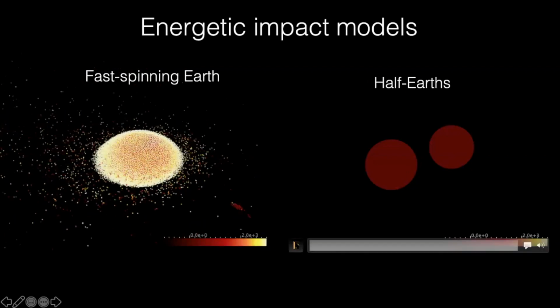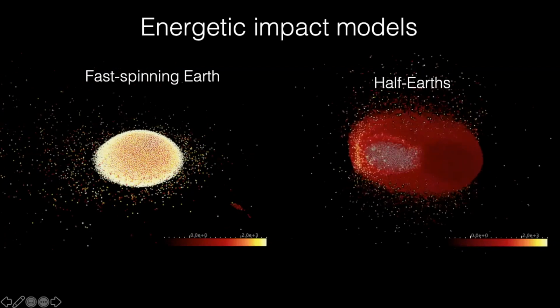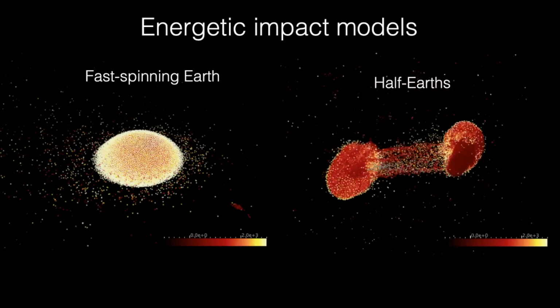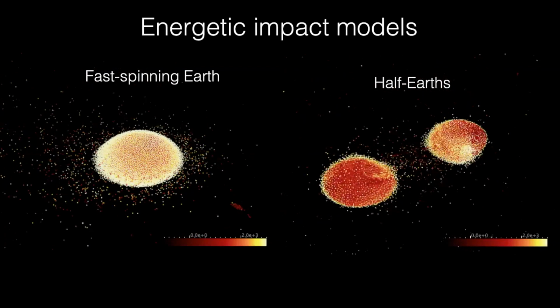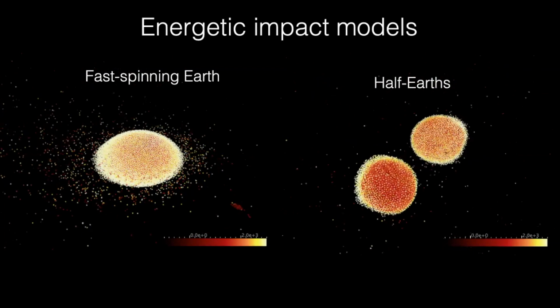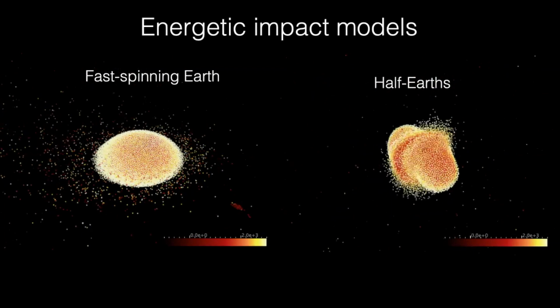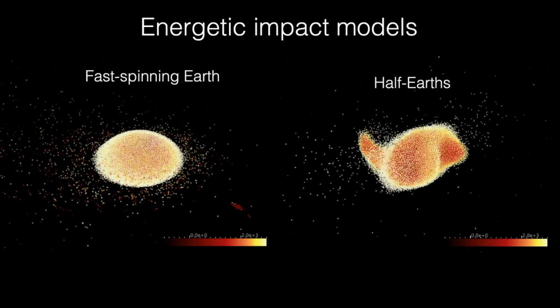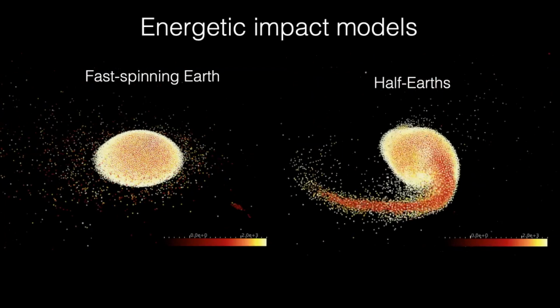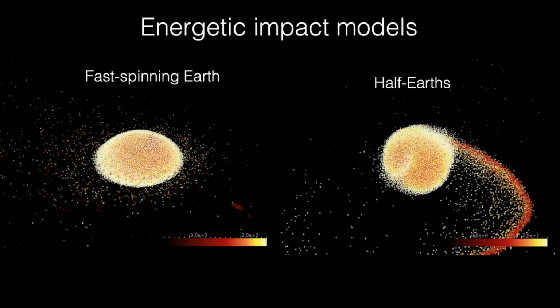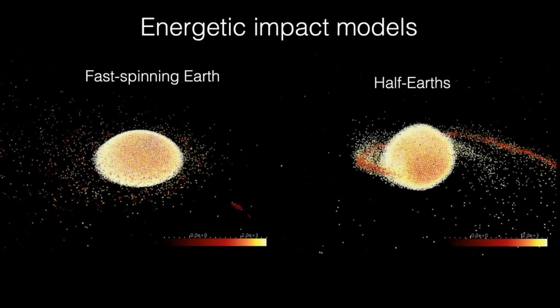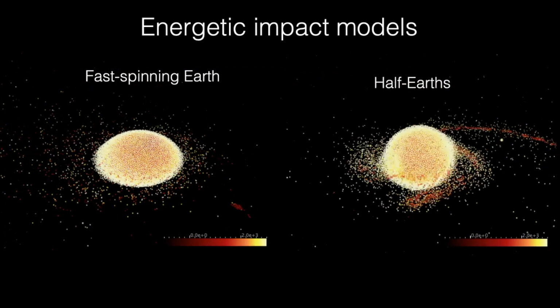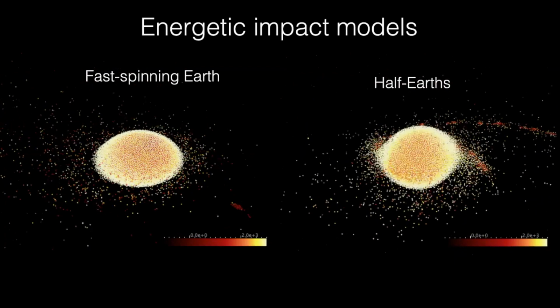The second one is the half Earth model. These two bodies are colliding with each other a couple of times, and this is also a very energetic impact event. And any pre-existing heterogeneity could be erased.